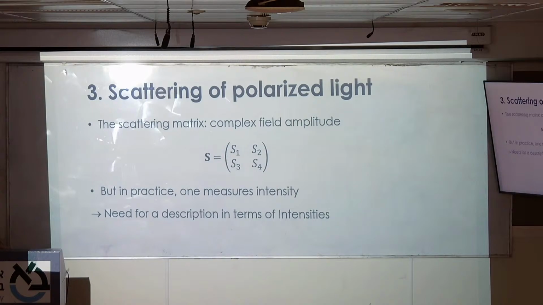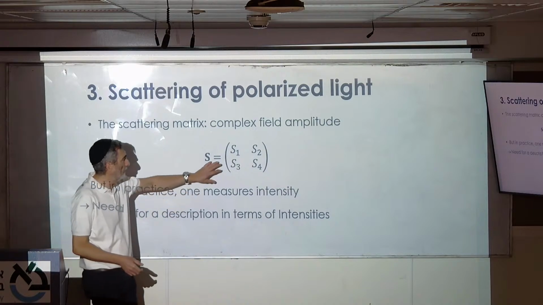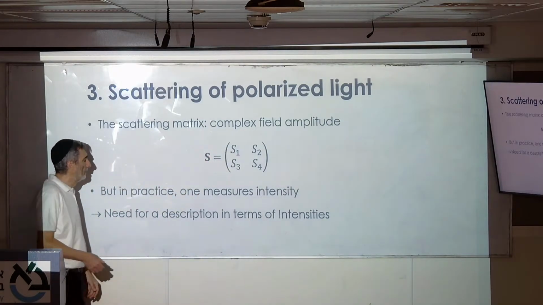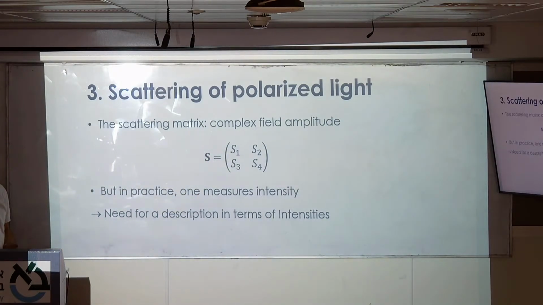So I just want to mention an approach which is well known to achieve this type of measurement in terms of intensities, and this is called the Stokes vectors. I go fast, just so that you hear these names in case you meet them in your future life. So what are the Stokes vectors?